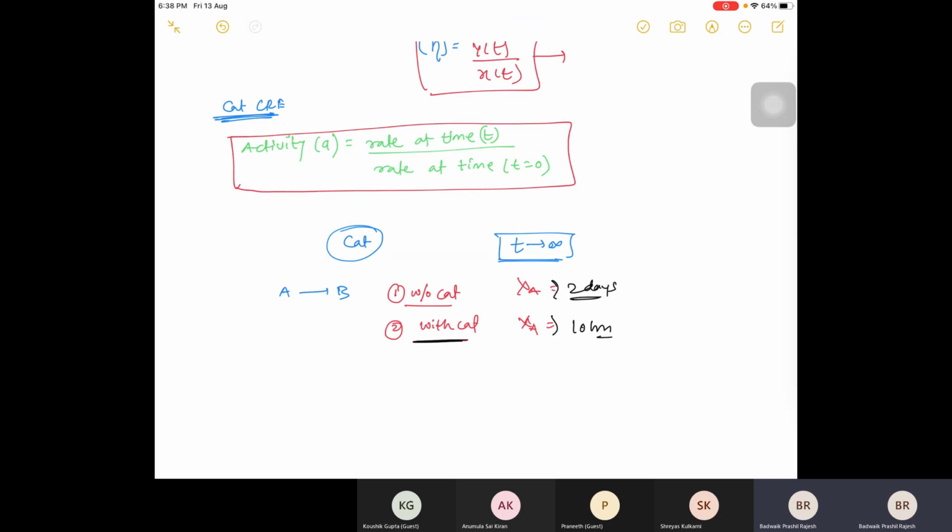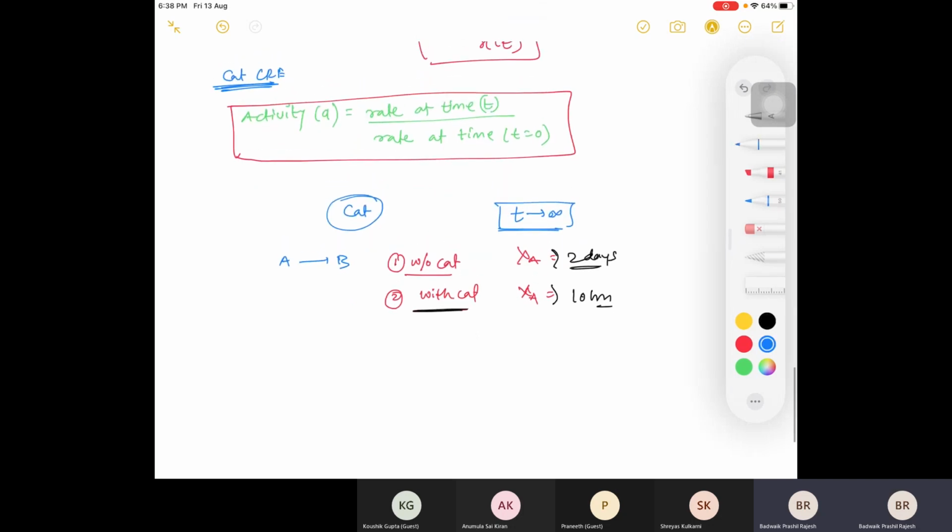But it doesn't change the equilibrium conversion, right? Suppose I define activity as A, then as my catalyst gets deactivated, it takes more and more time to complete the reaction.